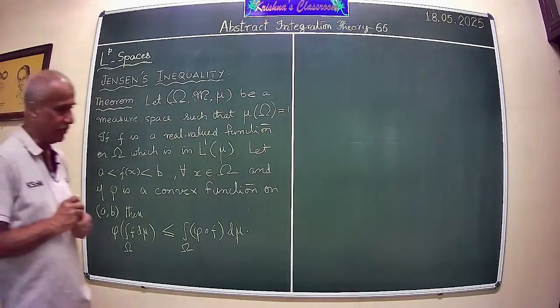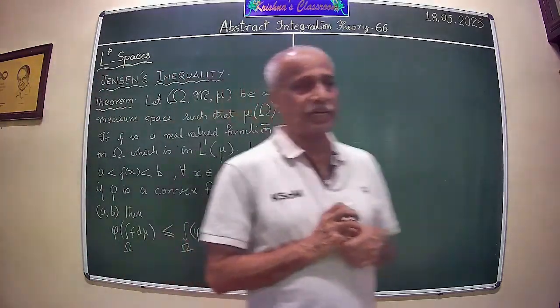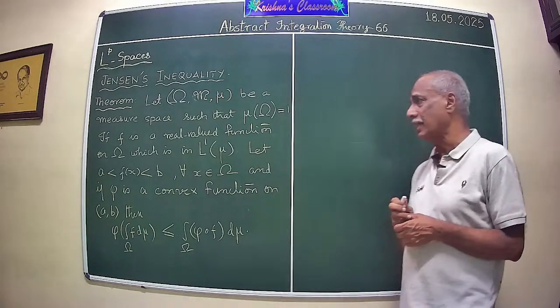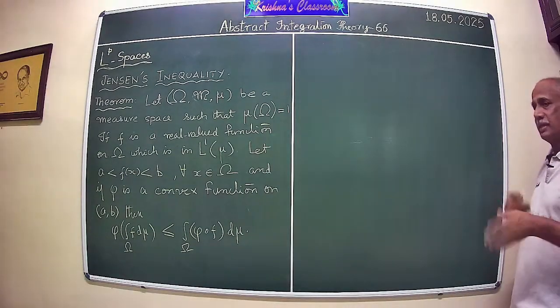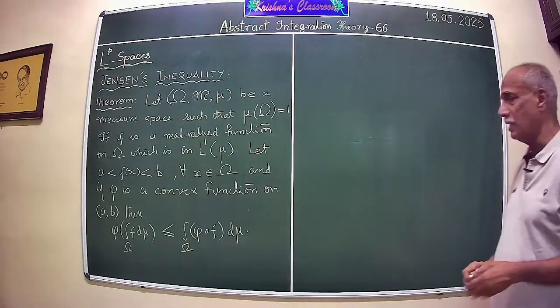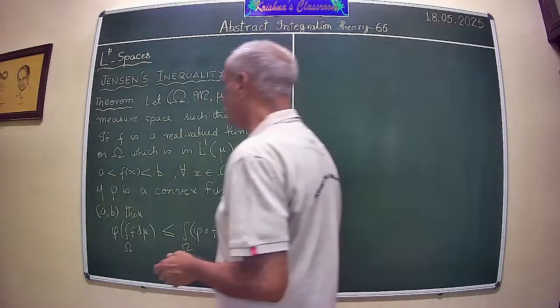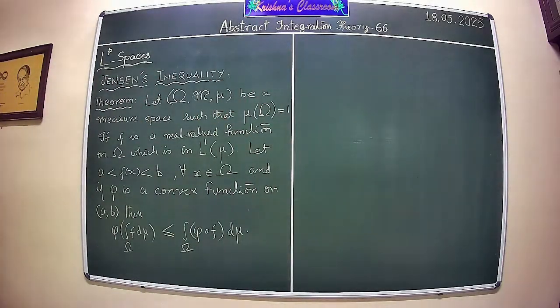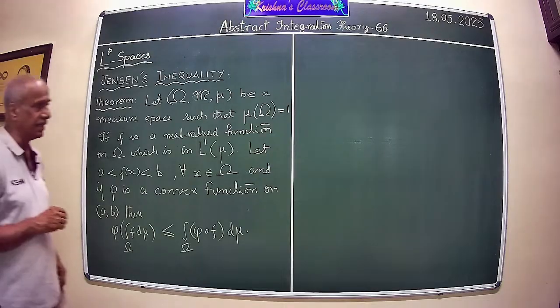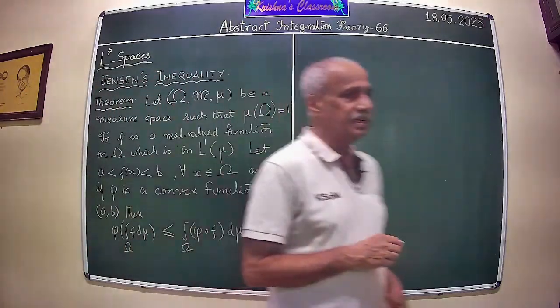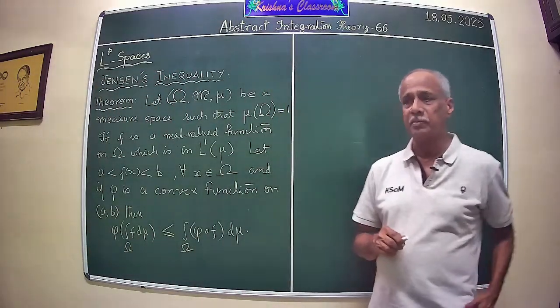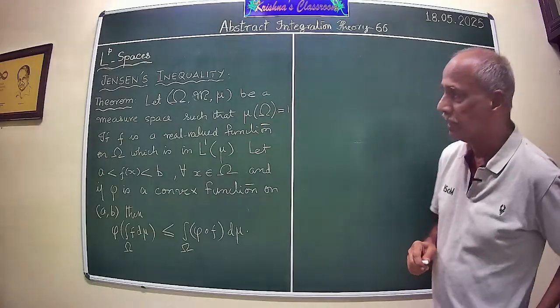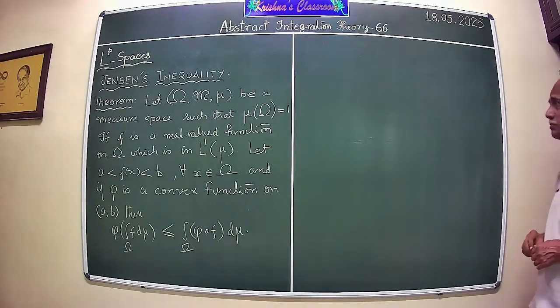It was actually working back, the sums were replaced by integrals, and then we got into the standard form of Jensen's inequality. Therefore, Jensen's inequality is in some sense a generalization of the geometric mean, arithmetic mean inequality.